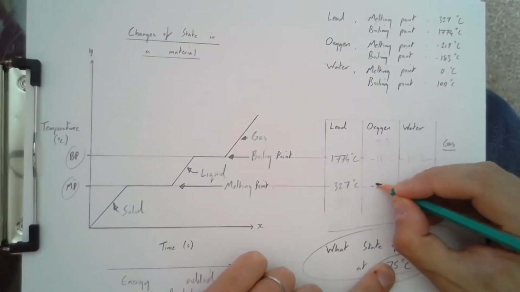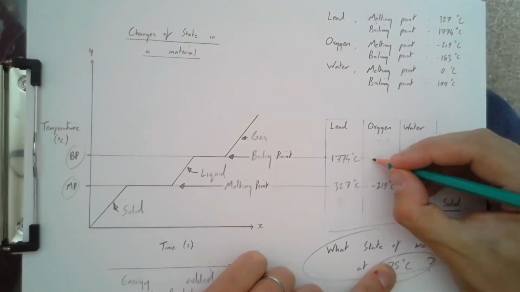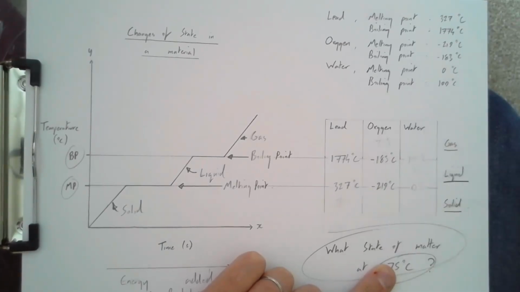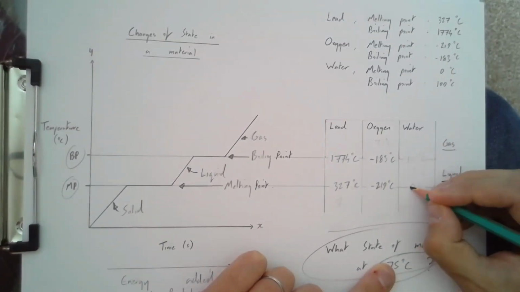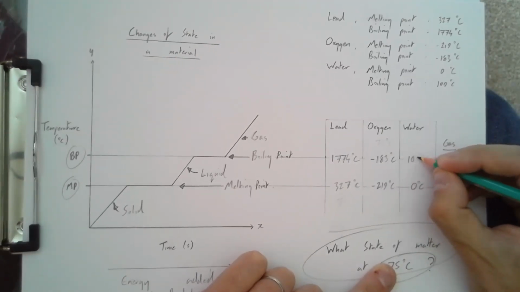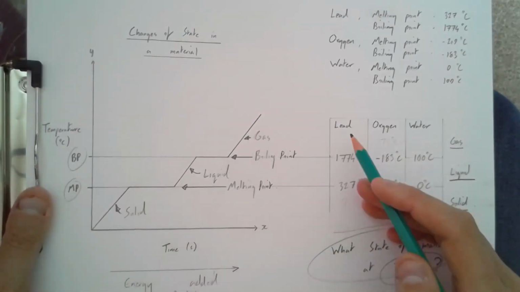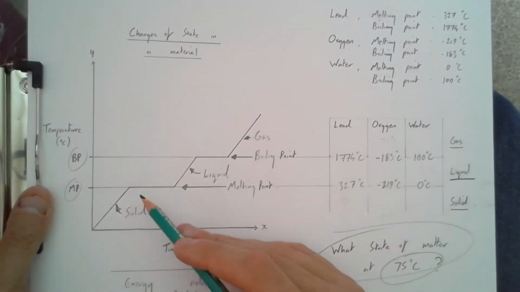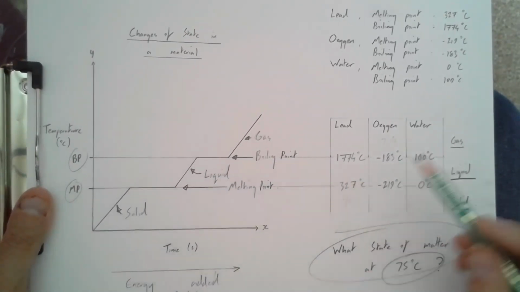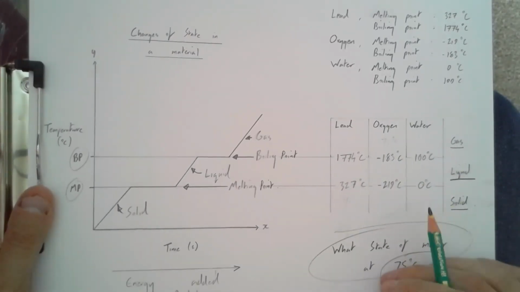We know its melting point is minus 219, so we'll add that in, and we know that its boiling point is minus 183 degrees C. Water, we know it melts at 0 degrees C, and it will boil at 100 degrees C. So it doesn't matter which material you are dealing with, they will all follow this pattern, but the temperatures at the melting point and the boiling point will be different for the material you are being asked about.